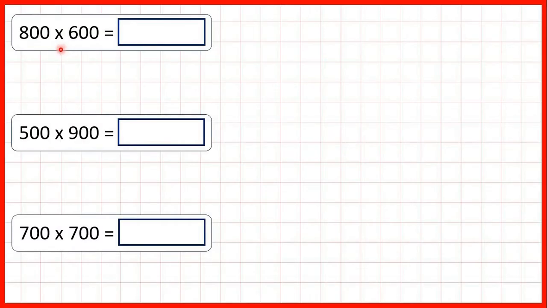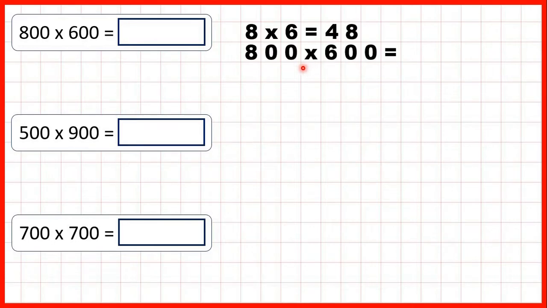Now here, we need to multiply two multiples of 100, so that's two numbers that end in two zeros. First, we have 800 times 600, and we can use mental methods to solve this, because we know that 8 times 6 is 48, and that means that 800 times 600 must be 480,000.